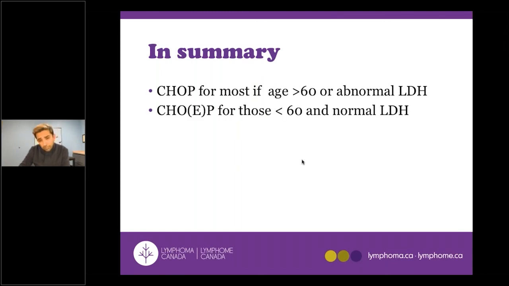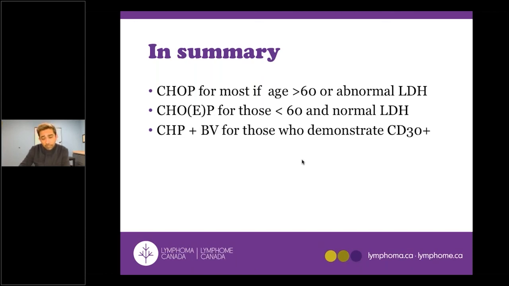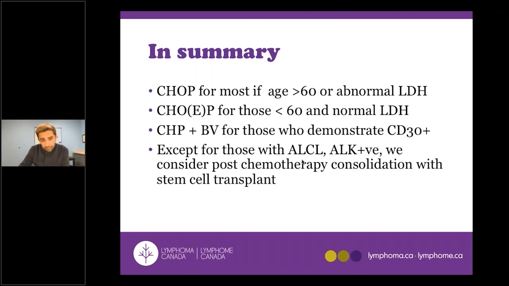For those patients who are younger than 60 but have normal LDH, we may consider adding etoposide, again, depending on the functional state of that patient, etc. For those patients who have CD30 molecule, we give CHP plus brentuximab. And for every patient except for those who are ALCL positive, we do consider post-chemotherapy consolidation with stem cell transplant.